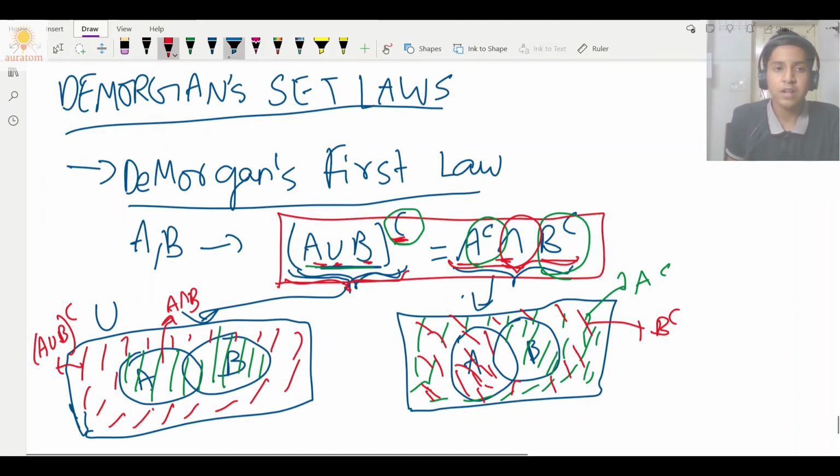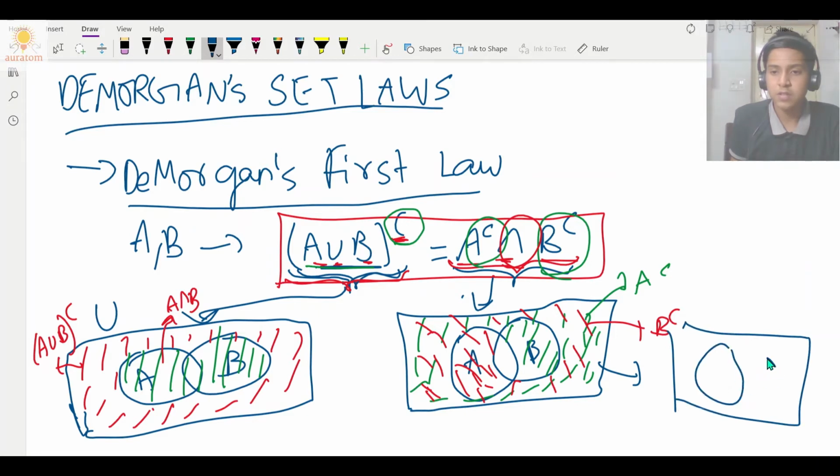So let's represent the intersection using another Venn diagram. So this is A, this is B, this is the universal set, and the common part, which is A complement intersection B complement, will be this part, right? Let me show you.